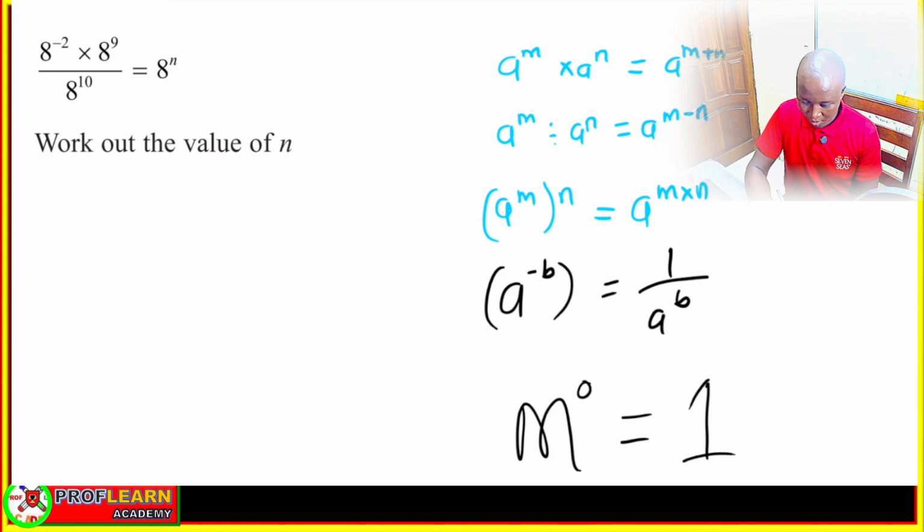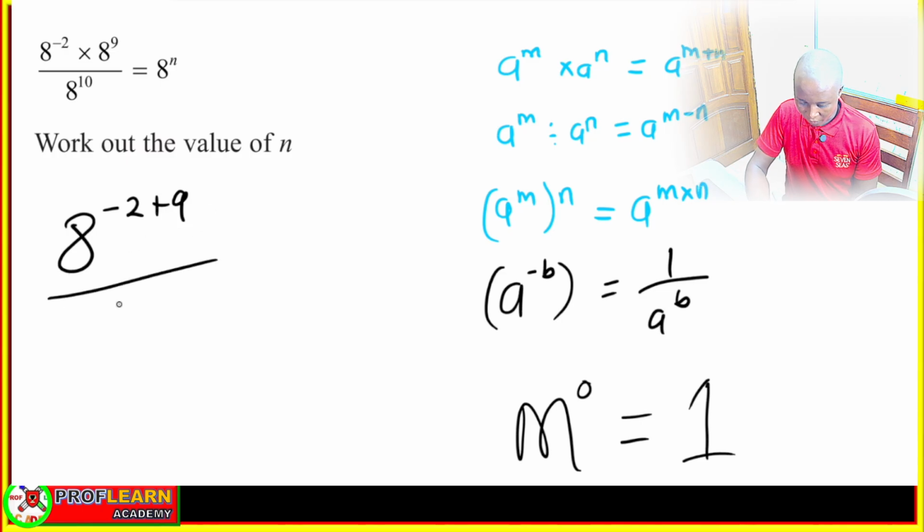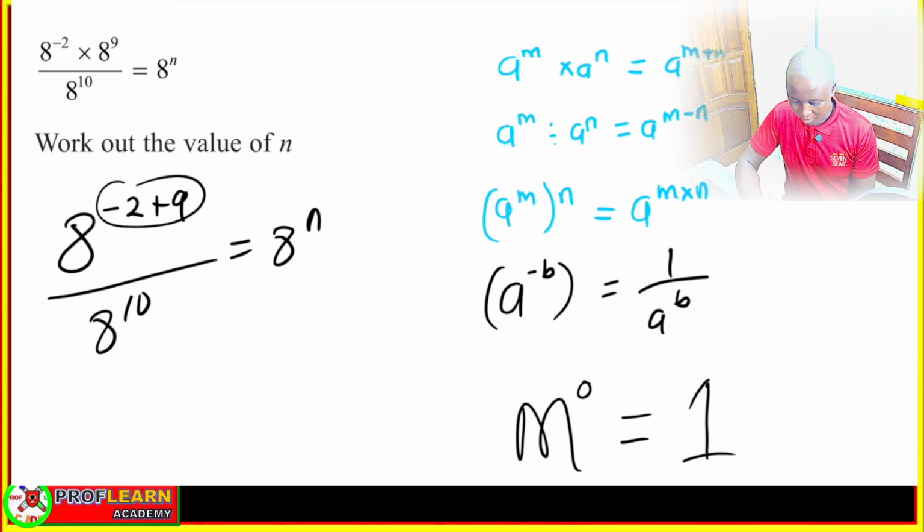So whenever they give you questions related to that, be very sure to answer them. Now here we are having 8 raised to power minus 2 times 8 raised to power 9, so this is going to be 8 raised to power negative 2 plus 9, over 8 raised to power 10 is equal to 8 raised to power n. Then this is going to be 7. So we shall have 8 raised to power 7 divided by 8 raised to power 10 is equal to 8 raised to power n.